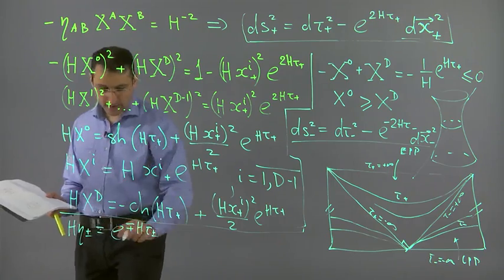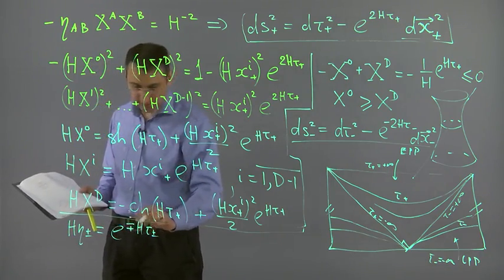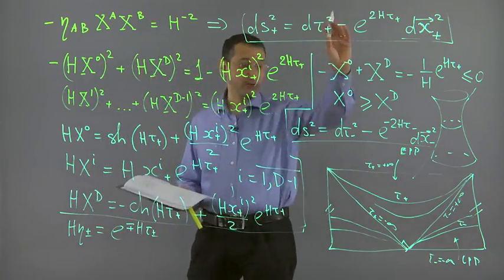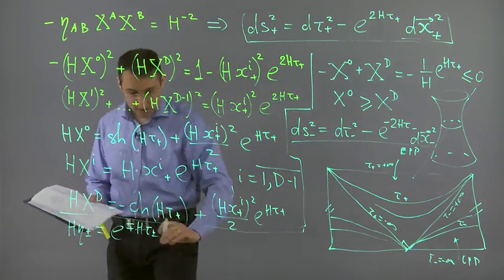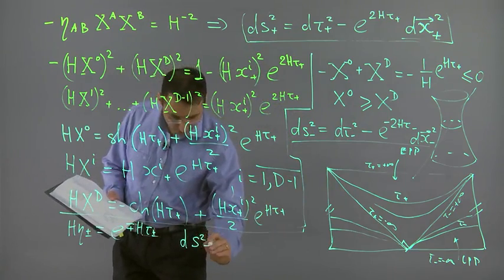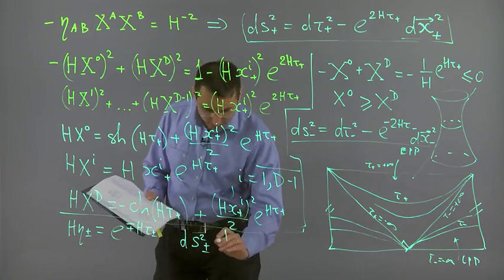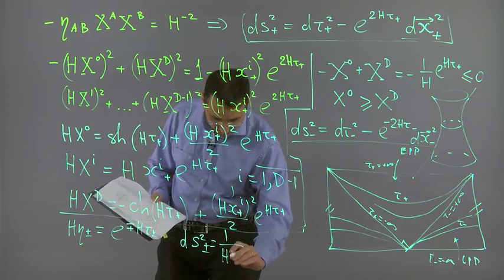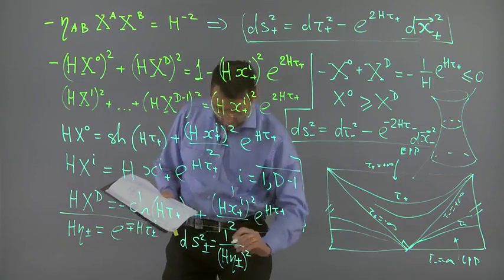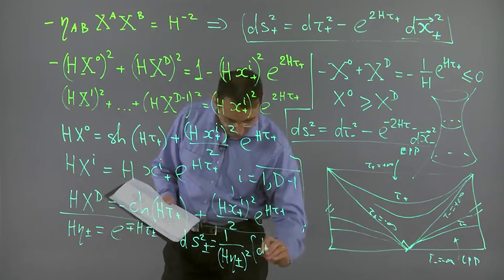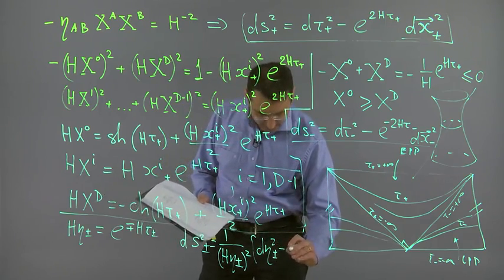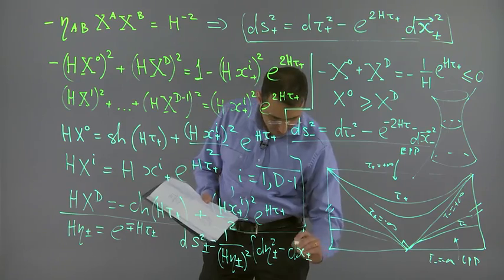For eta minus, here we have exponent of plus h times tau minus. In both cases, from this and this metric, after this change, we obtain the following metric, ds squared plus and minus look both the same, more or less, with one crucial difference, which I'll explain in a moment. So d eta plus minus squared minus dx plus minus squared.